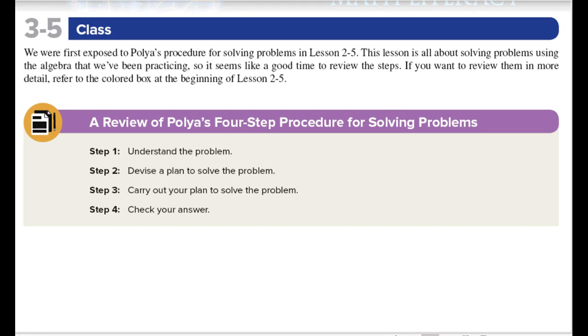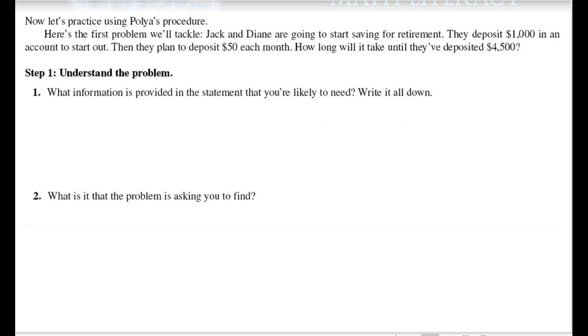So that's the idea for the class today. We're basically just reading problems, and as we go, they're going to get more complex. The first ones walk you through the steps, but then they get more complex as we go along.